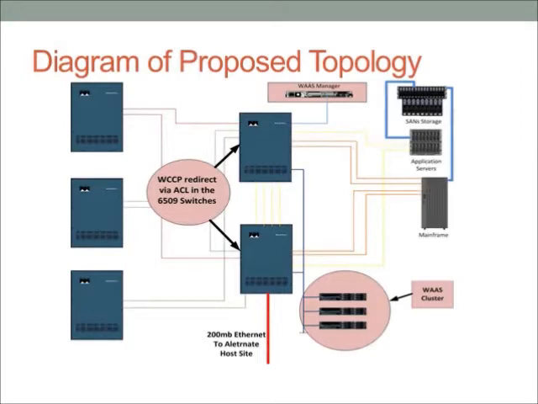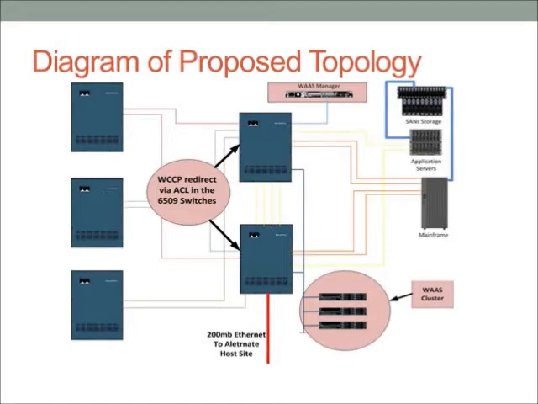So here's a diagram of the proposed topology. You'll see on the left those are your access switches. This is one of the host sites for First Financial. So you see your access switches, that's your user communities, on the left. WAS does have a manager. The manager is where all the policies are changed, where applications, ports, and protocols are added, if you will.